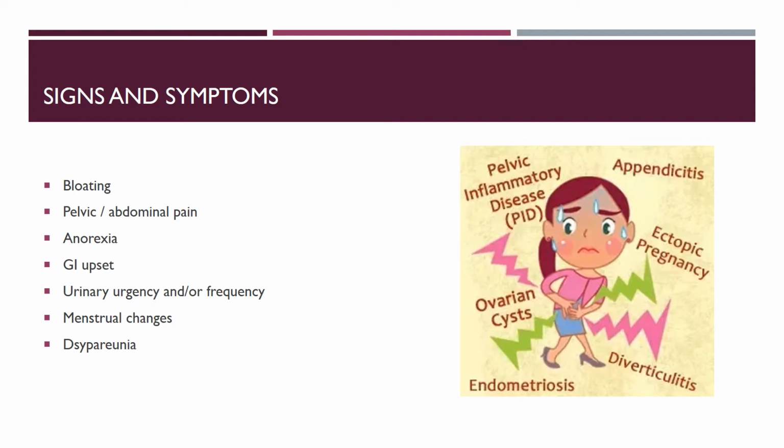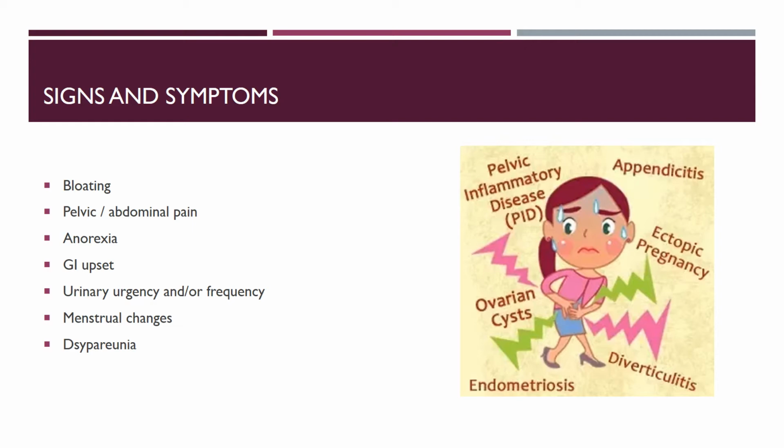So the signs and symptoms of ovarian cancer. I put this picture here because the signs and symptoms of ovarian cancer are very discrete, or they can be aligned with many other illnesses as pictured here. So bloating, pelvic and abdominal pain, anorexia, weight loss, not wanting to eat, feeling satiated very early, GI upset, urinary urgency, frequency, menstruation changes, and then dyspareunia, which is pain during intercourse.